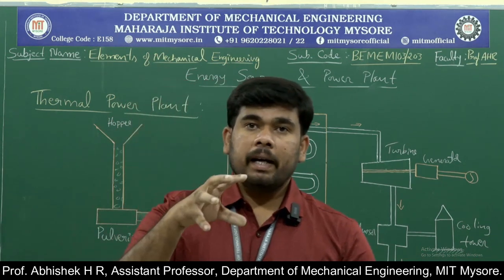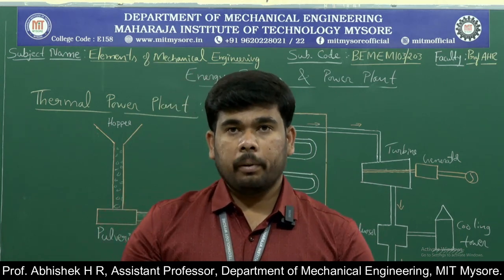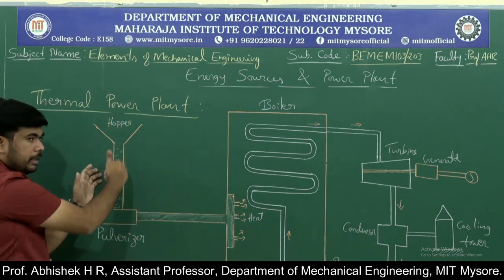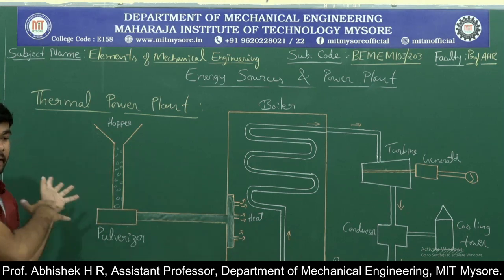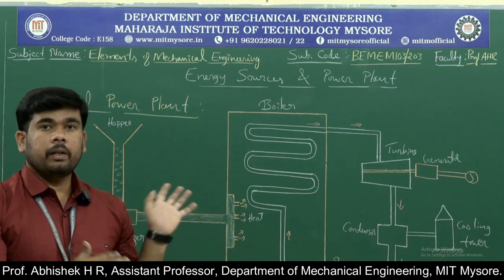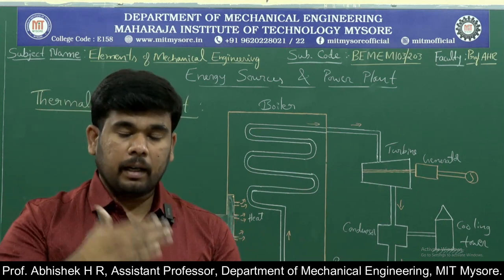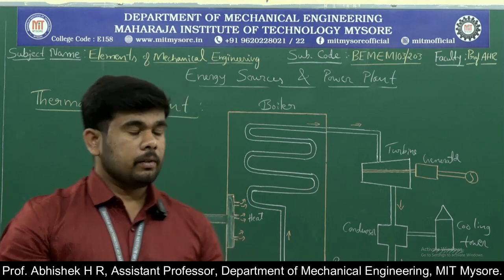But we can't supply this raw coal into the hopper. Here you can see the hopper. Through this hopper we need to supply the coal, but we can't directly dump the coal into that hopper. So we are going to cut or grind this coal into small pieces.